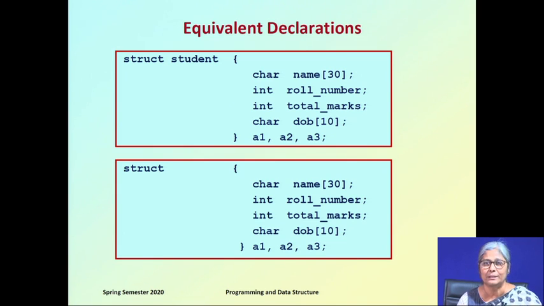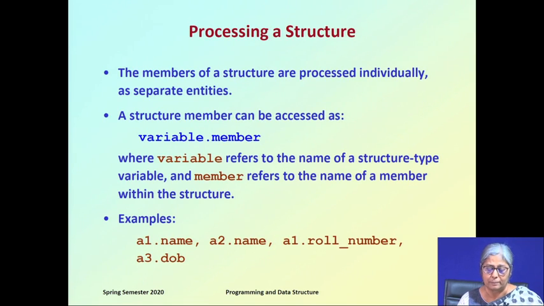I am going quickly because we have discussed this in detail, if you remember. So, this student type and A1, A2, A3 are all of student type structure, and this is another form where we can omit student, define the structure directly and give A1, A2, A3, these are the 3 structure names.